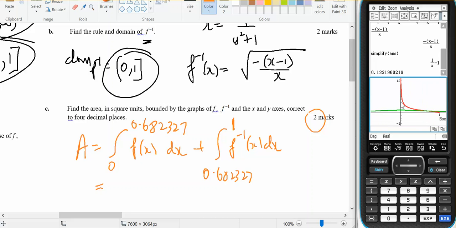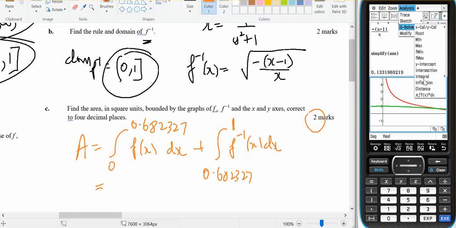Much better. Okay, analysis, G-Solve, integral.